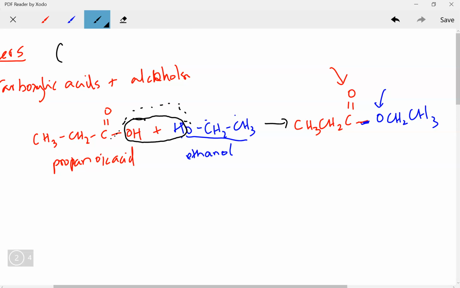So the ending for an ester has two things that it came from. One part came from the alcohol, one part came from the acid. So first we're going to do the acid. We're going to say propanoate, because that signifies that it's an ester. And then from the alcohol, well, I should do this in colors.